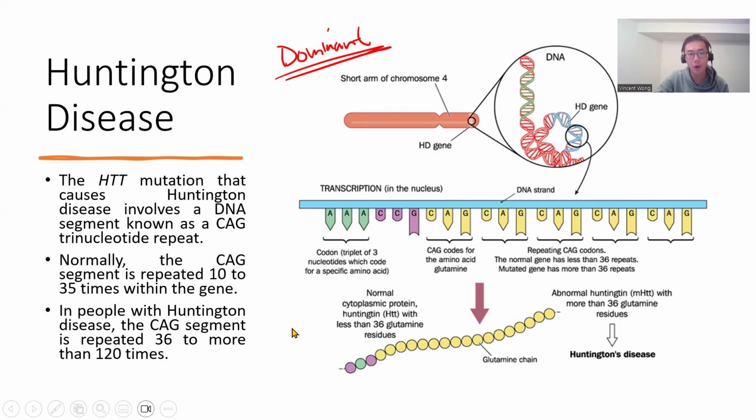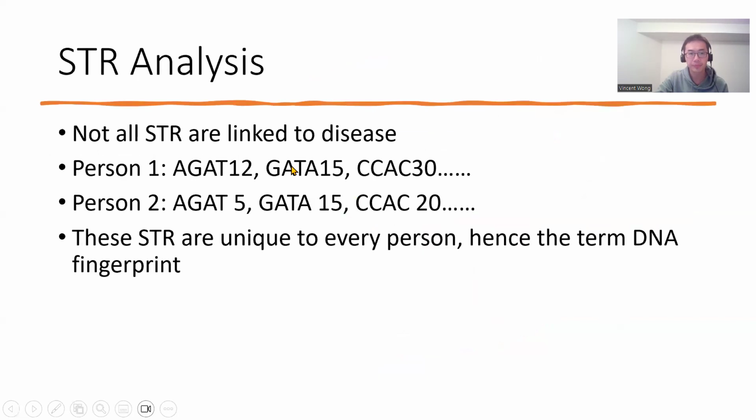But not all tandem repeats result in disease. We can actually use the difference in length of these repeats to do what's called DNA fingerprinting. So for example, person 1 might have AGAT repeated 12 times on chromosome 6. You would find the same tandem repeat on chromosome 6 at the same place for person number 2, but it might be shorter.